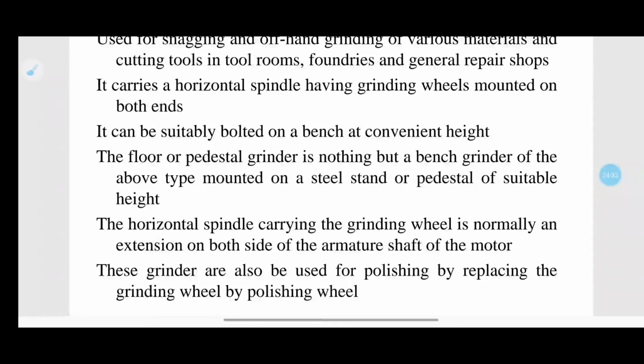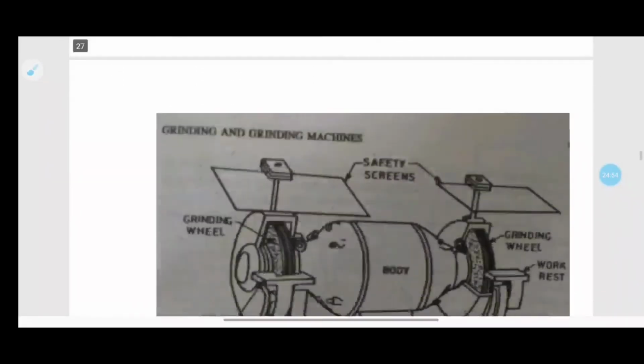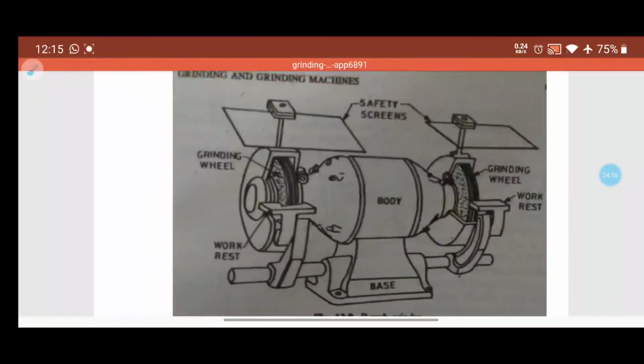These grinders can also be used for polishing by replacing the grinding wheel with a polishing wheel. Some small scale industries use it as 2 in 1: one side for grinding, the next for polishing. They use it in different ways.